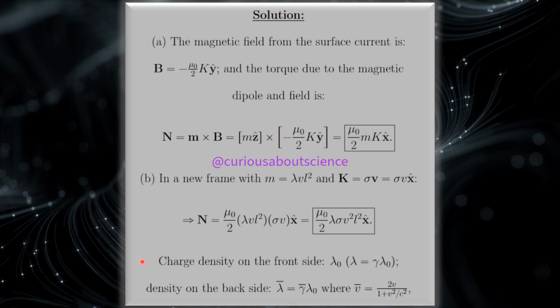The density on the backside, lambda bar, is equal to gamma bar lambda naught, where v bar is equal to the Einstein velocity rule, 2v over 1 plus v squared over c squared. Okay, you see where these things are starting to come into account, and why we need to pay very close attention to the velocity addition rules and the length contraction rules.